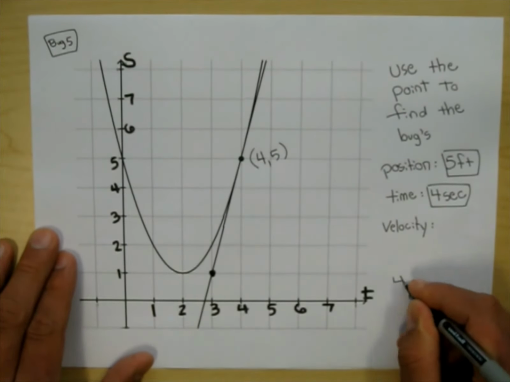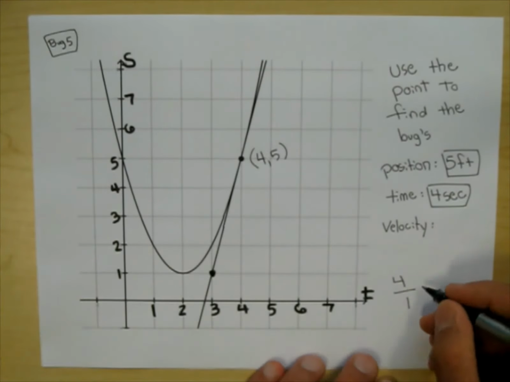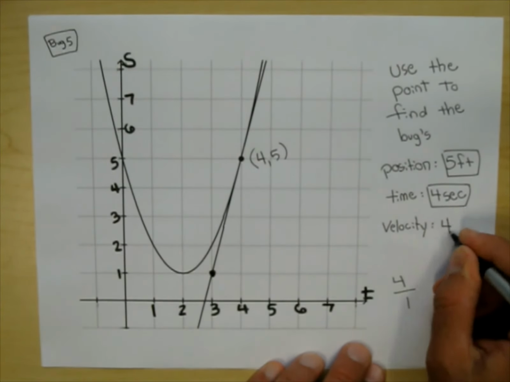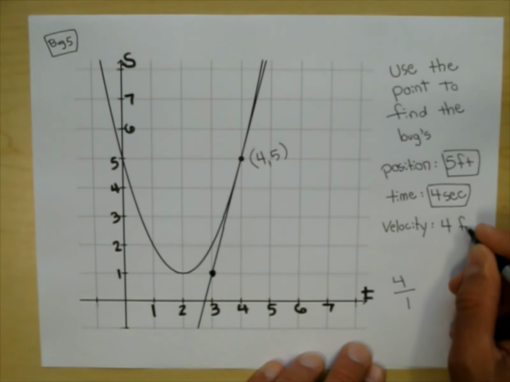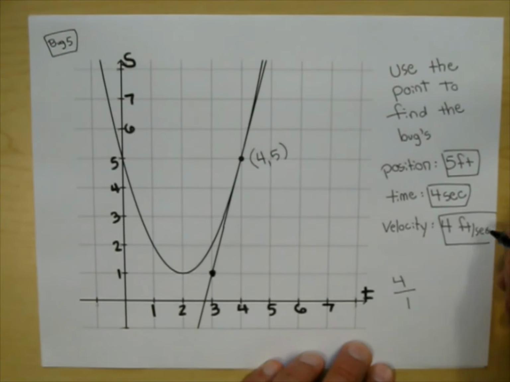So 4 over 1 is the slope of that line. That would also tell you the velocity, 4 feet per second. Now, it's a coincidence that the time is 4 and the velocity is 4. That doesn't always happen. You could look at the last time of 3. But there it is. That is how you do the problems in Bug 5.